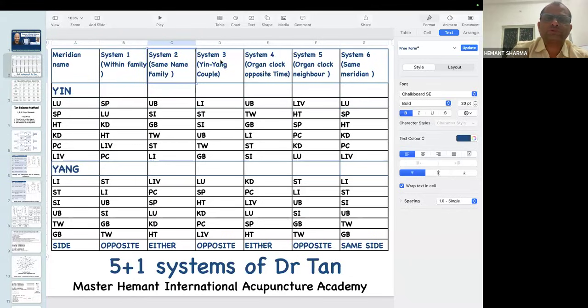So system 1, system 2, system 3, system 4, system 5, system 6 are explaining the lung can be balanced by many meridians, but the question comes why? Why can lung be balanced by spleen meridian?